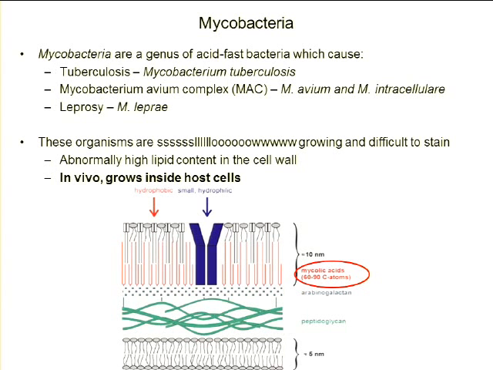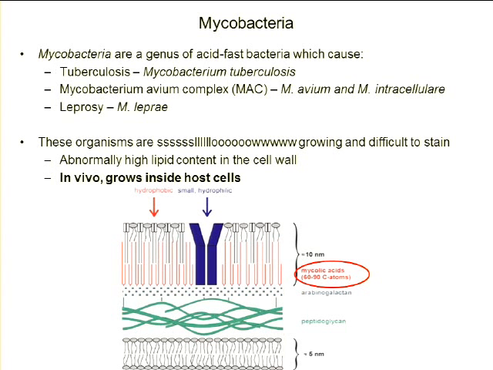Now, these do have small hydrophilic channels similar to the porin channels that we've discussed. I have some data here. The number of these channels leads to 100 to 1,000-fold less.